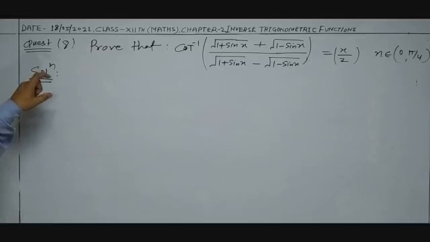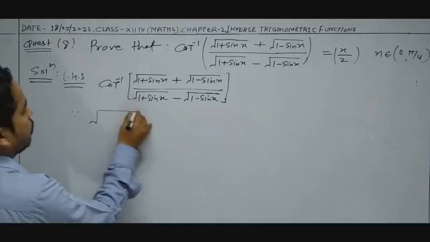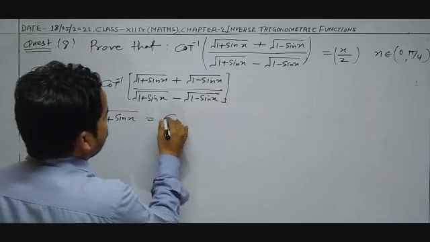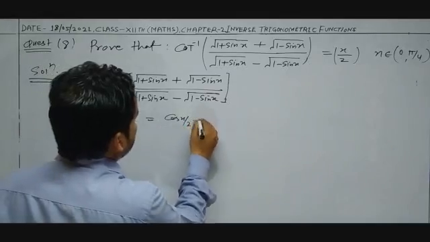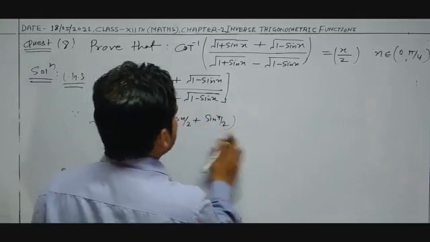So I will take the left hand side. This is our left hand side of the expression, and we have to prove x by 2. You know root over 1 plus sin x is given by cos of x by 2 plus sin x by 2.